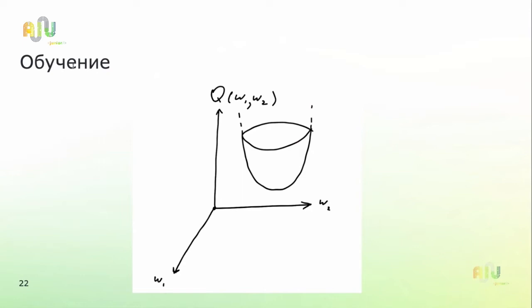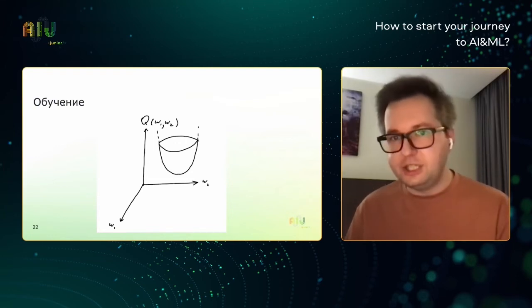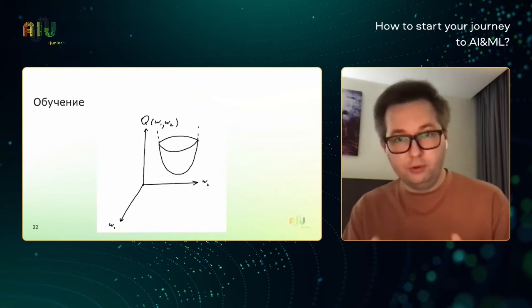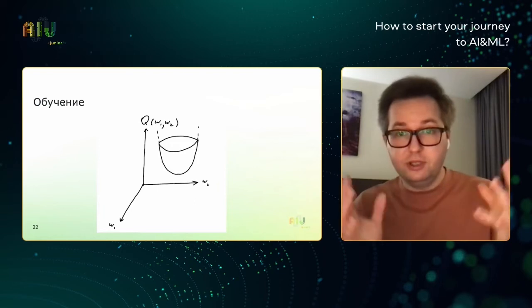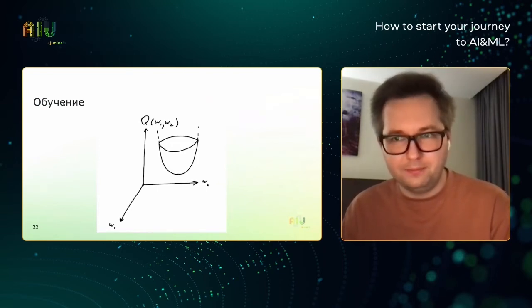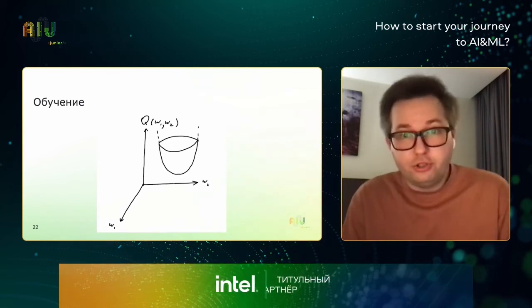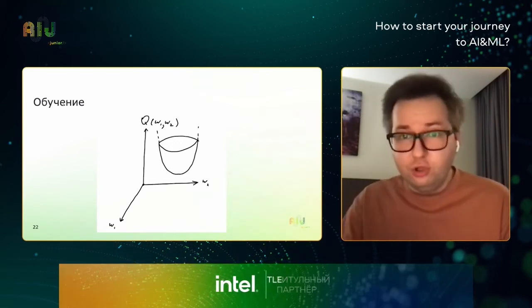I have 2 axes, W1, W2, and the vertical axis tells me about the function value for these weights, for these parameters. As a result, let's say I have this curve, which looks like a bowl, a paraboloid, and let us try to find the minimum.